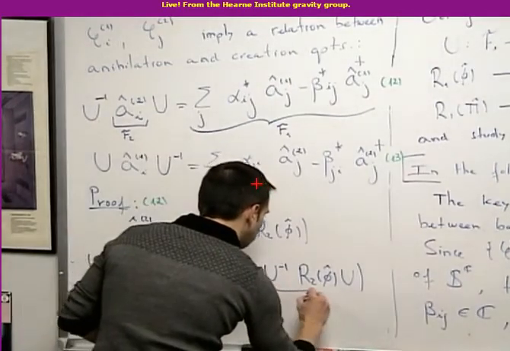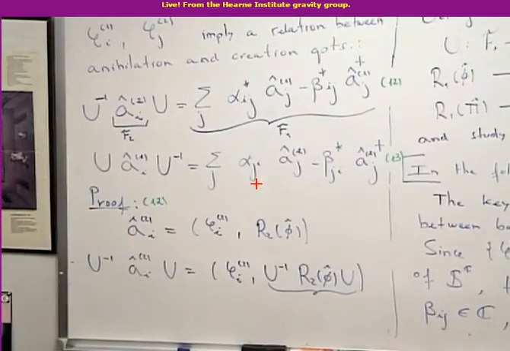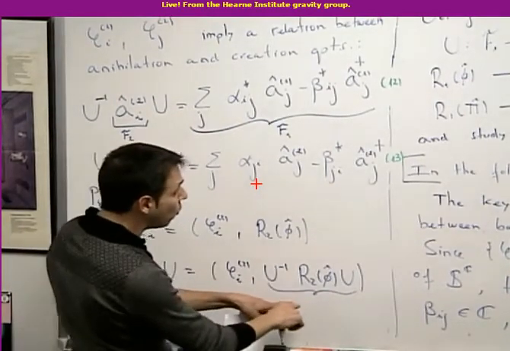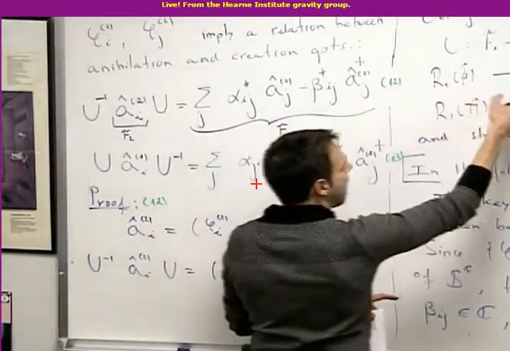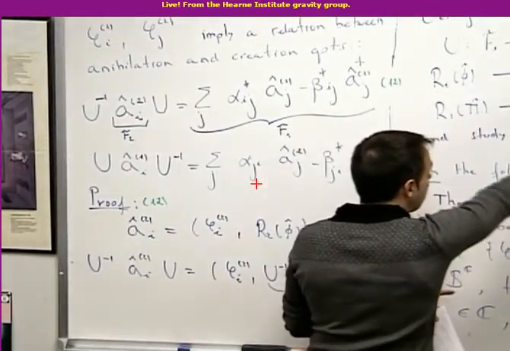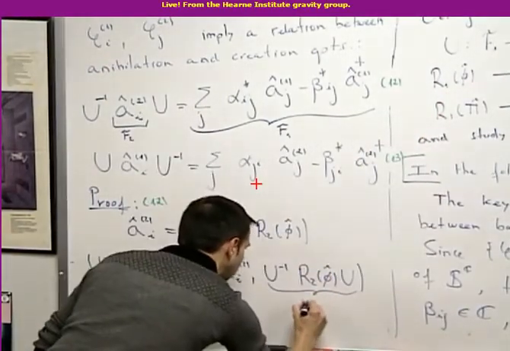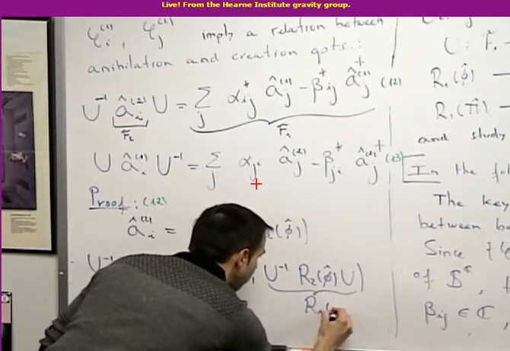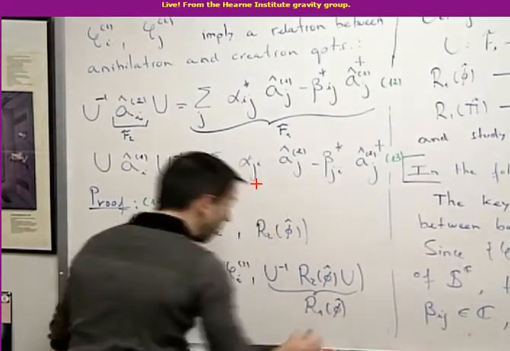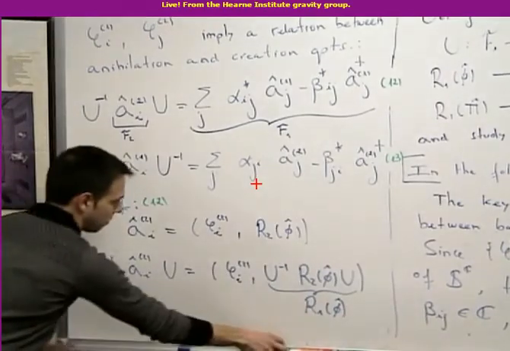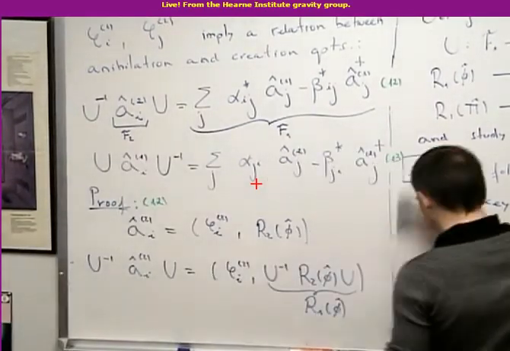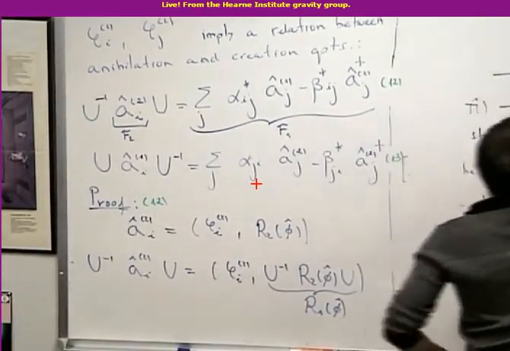But remember that what we want the operator to do is to take R1 and give me R2 and vice versa. So this is just R1 of i. This is what I want the operator to do. So I am looking for an operator doing that, so I can substitute that equality.